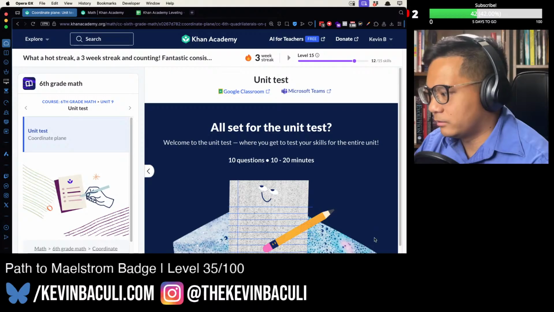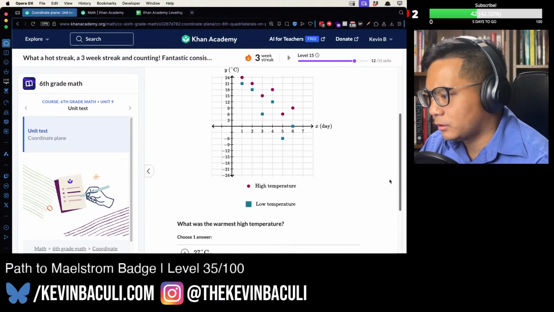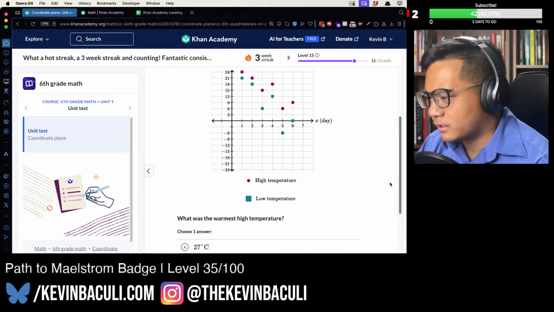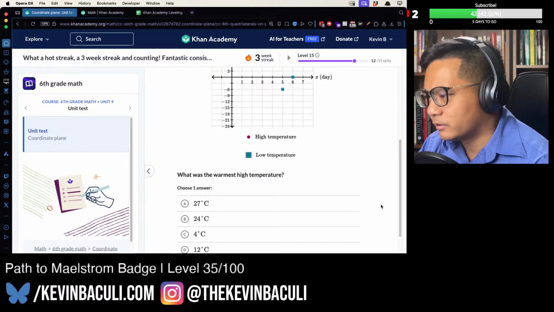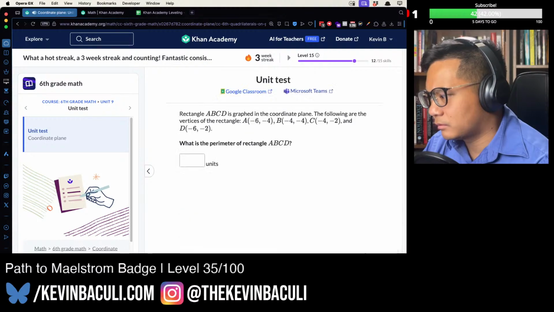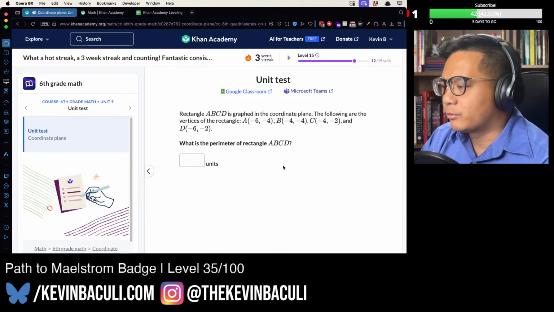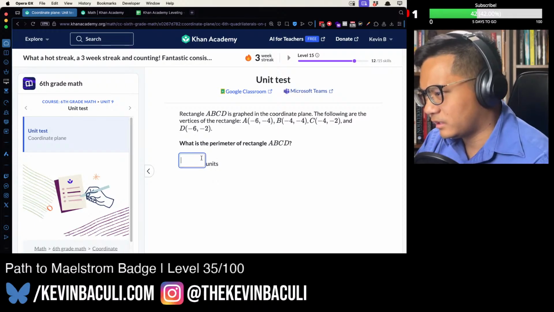Okay, here we go. What was the warmest high temperature? 24? What's the perimeter of this rectangle? 2, 8.